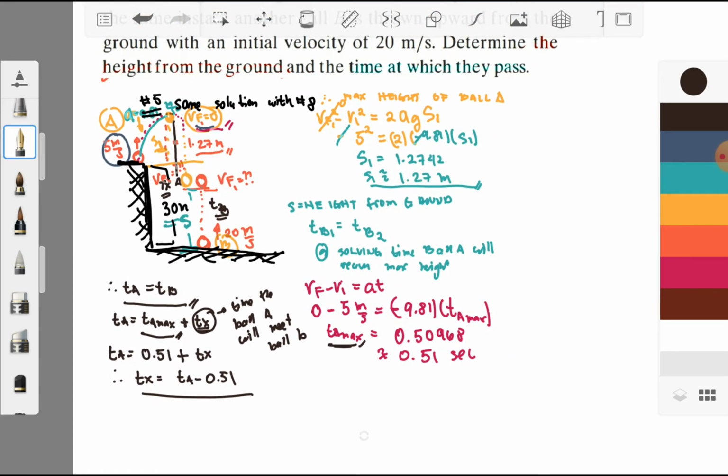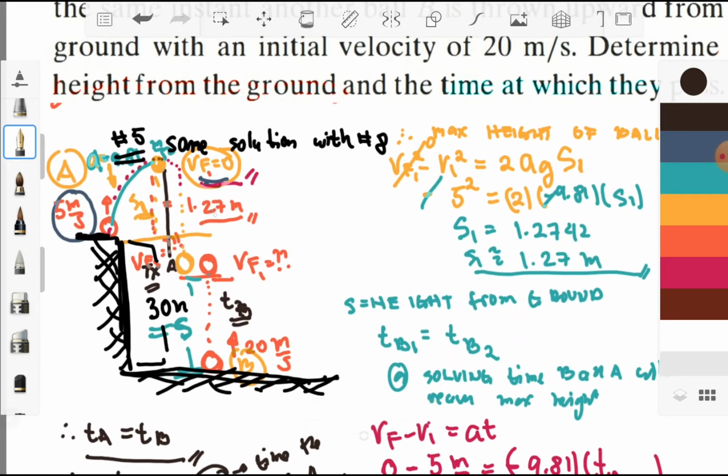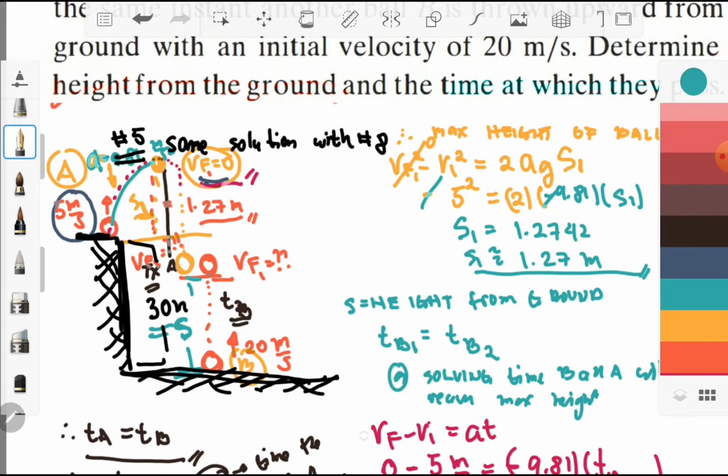So take note that there will be an additional height of 1.27 meters. So I will denote the point where these two will meet as my S1. Let's say SA instead.